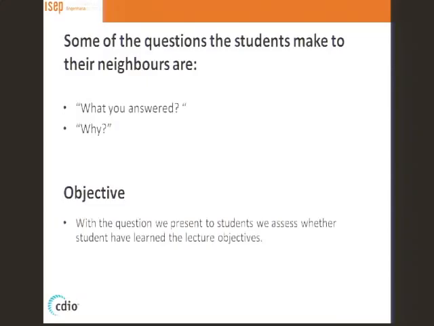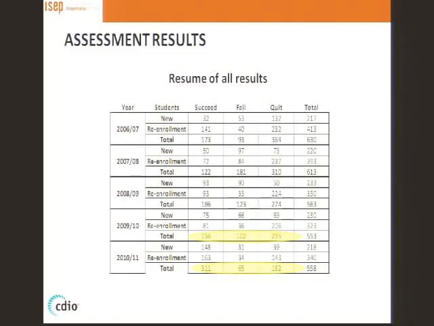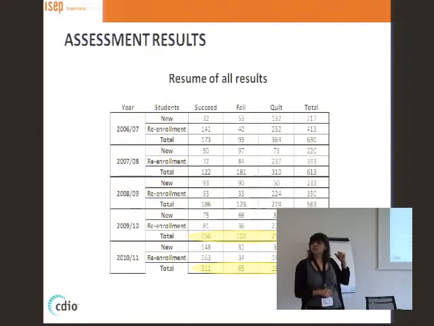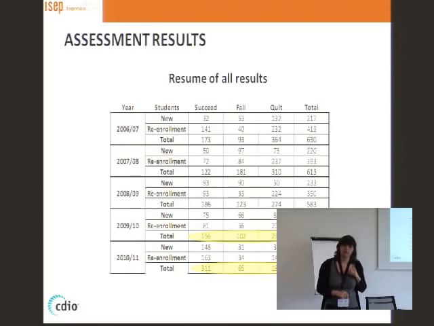The assessment results. I have here the results since 2006. The results in the last 4 years are similar. We are going to focus on the last 2 years. You can see the number of people who quit decreased from about 300 to 180.